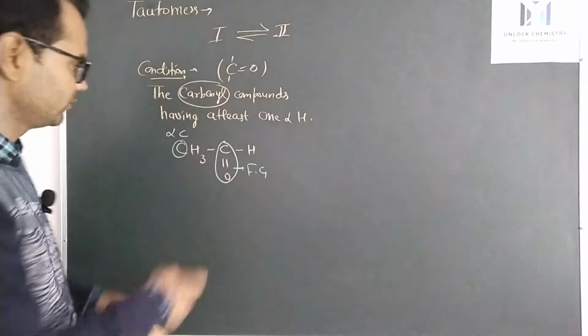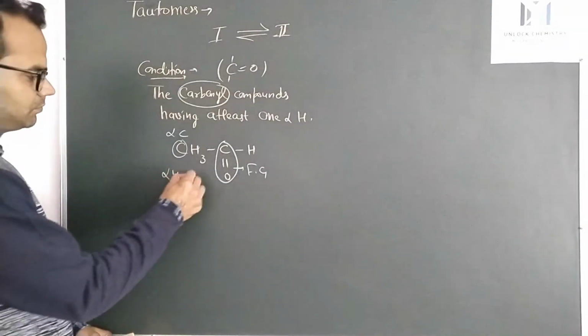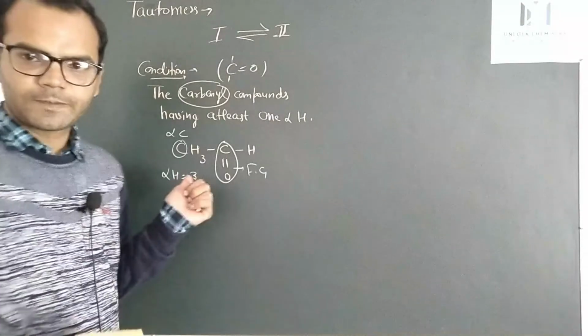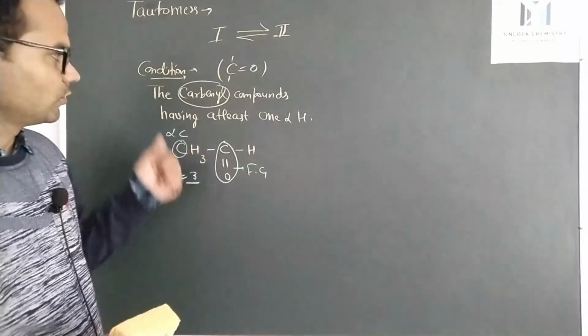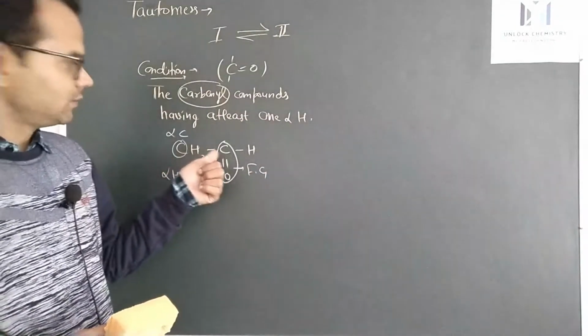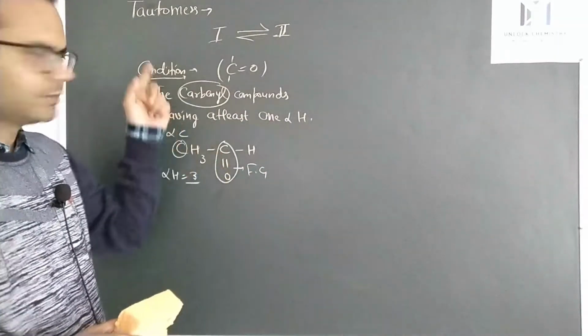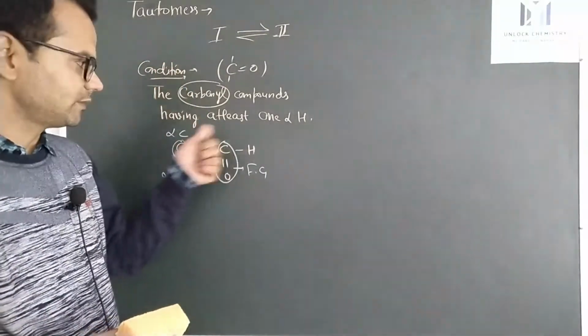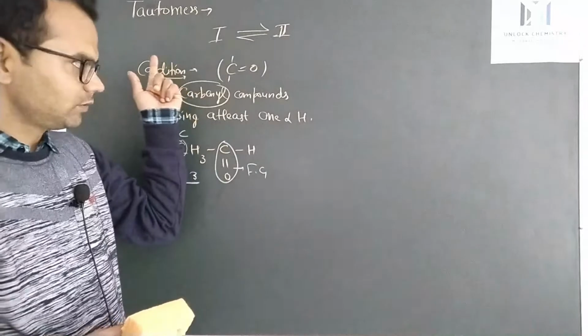So here we have now three alpha hydrogens. So the carbonyl compounds having at least one alpha hydrogen, those compounds can show tautomers, they can form tautomers. That is the basic condition of tautomerism.